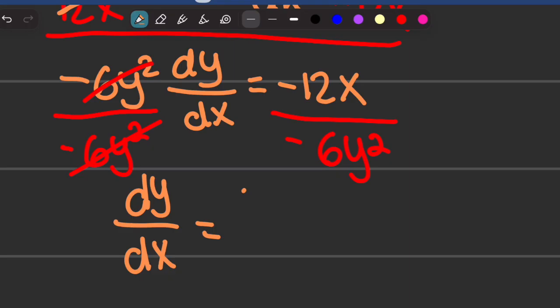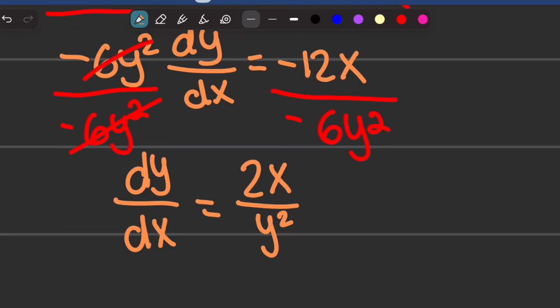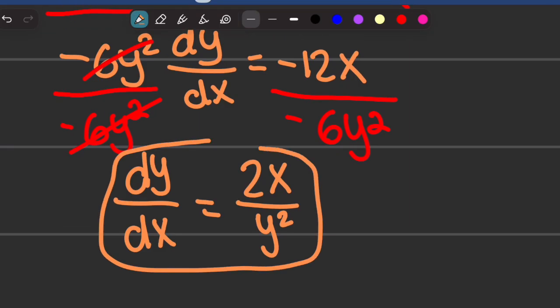So on top we have 2x, and on the bottom we pretty much have 1y squared, but 1 is usually implied, so we don't have to write the 1. We can just say y squared. And that will be our final answer for this problem.